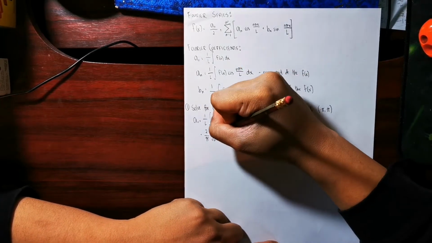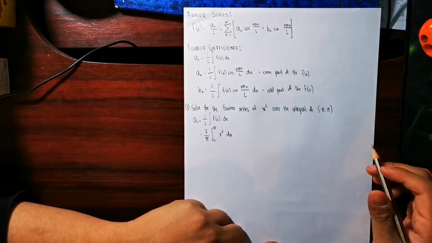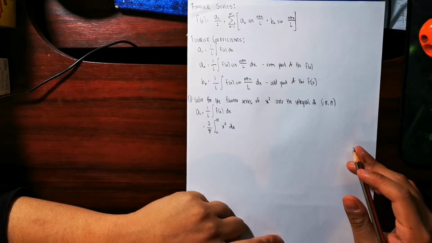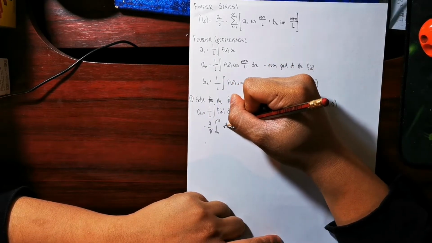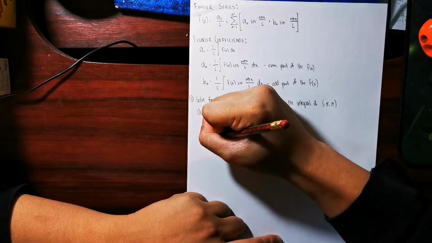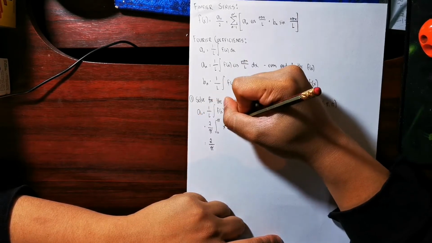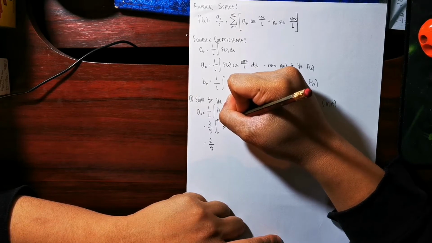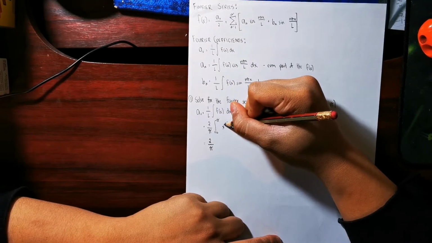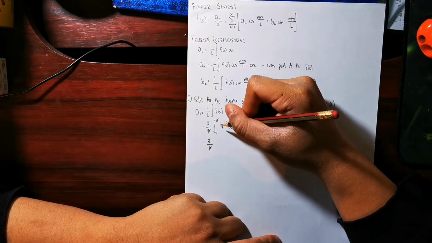Let's just copy x squared and write dx. Now all we have to do is find the integral of x squared. If we integrate, we add 1 to the exponent, and the new exponent will be the denominator.